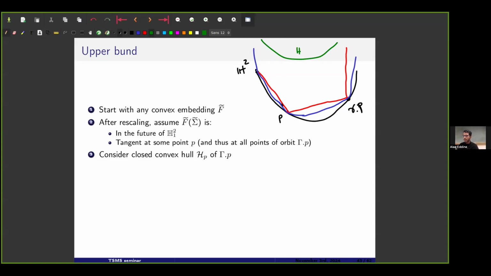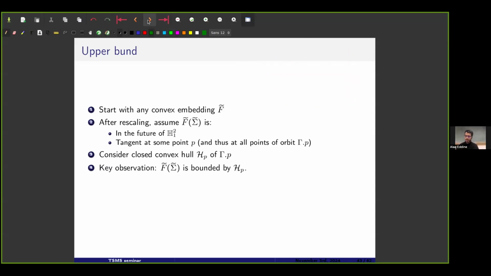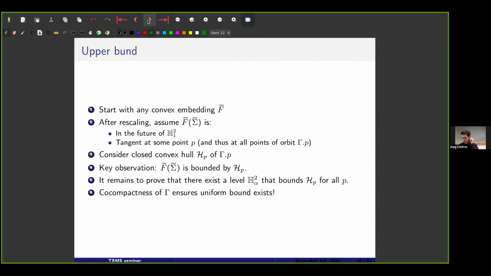So this is the level H2 alpha that we are looking for. Okay. So any embedding will be bounded by the level H2 and the level H alpha. And this will be the case because we took the group to be cocompact.